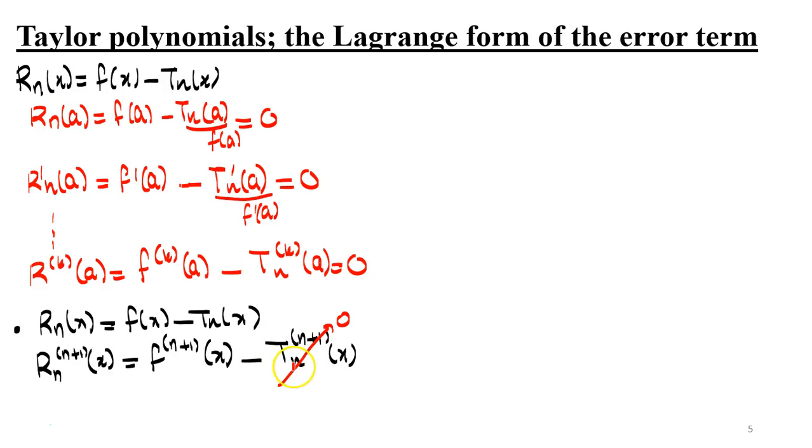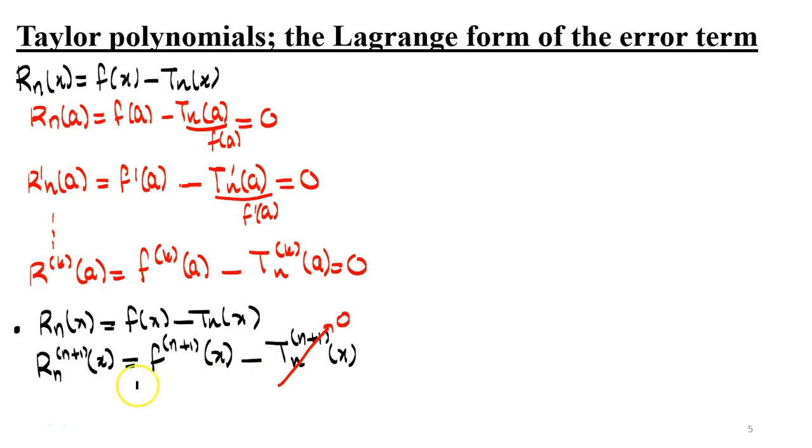So the Taylor polynomial of degree n, differentiated n plus 1 times, has a derivative that is in fact 0.